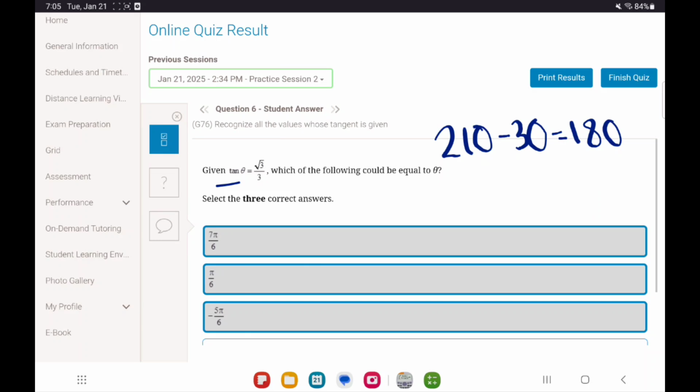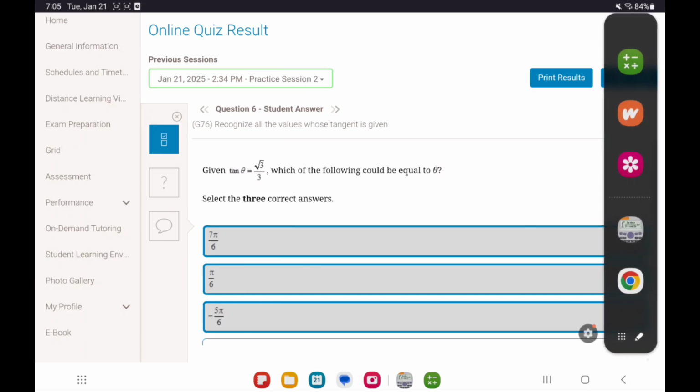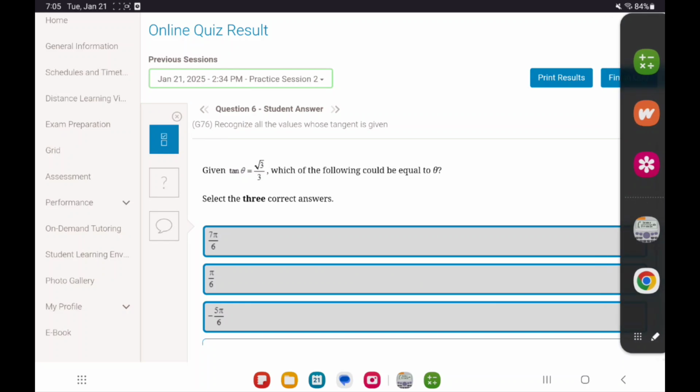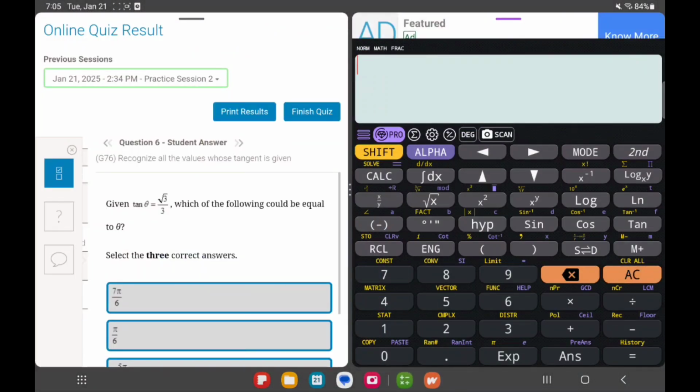If you don't know that, let's go calculators again. I'm telling you, calculators are really gonna save us this exam. Okay, so tan 210 is radical 3 over 3, and that's the tan we have here. So that's already one of the answers.